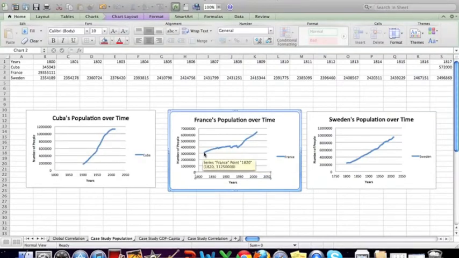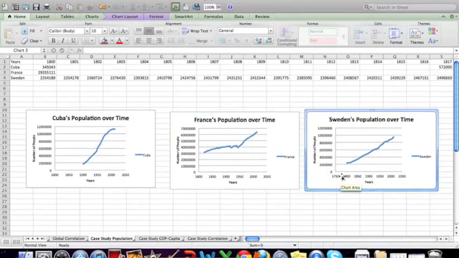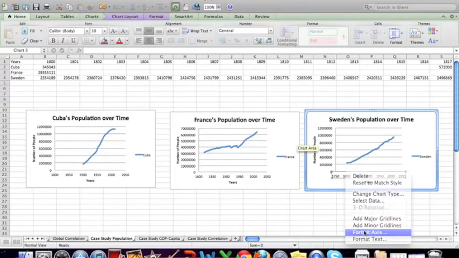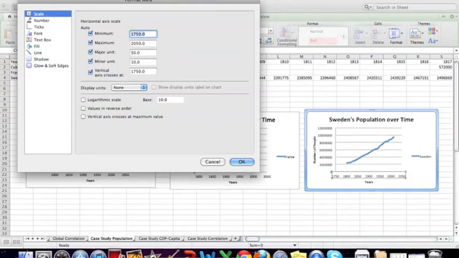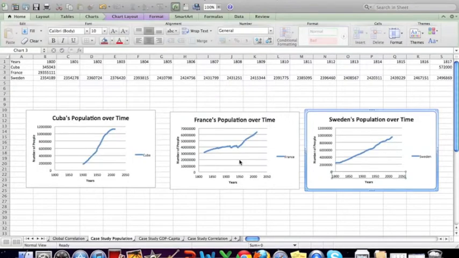You can see there's a little bit of lag for France, but Sweden's, which you can see from the table, starts right at 1800. And to keep it consistent, especially for these case studies, I want to have them all have the same units.